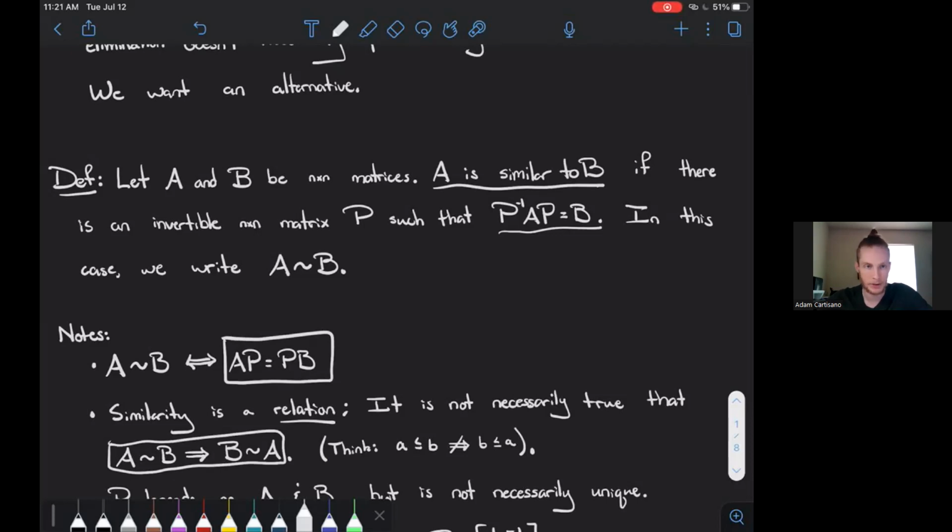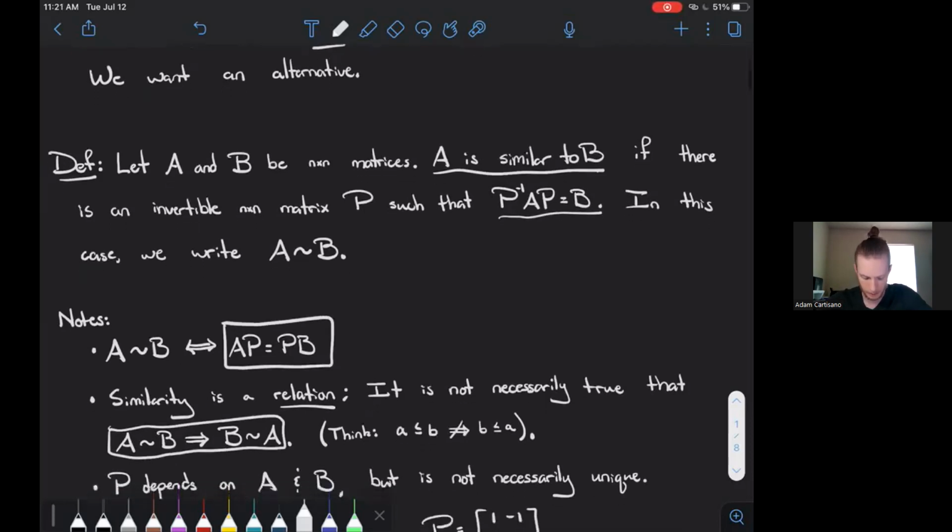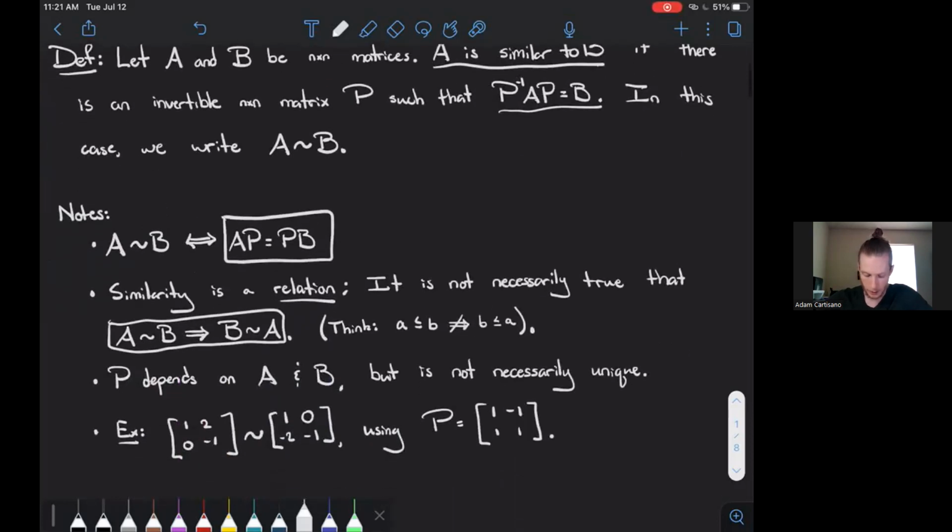As it turns out, specifically similarity of matrices is a stronger type of relation called an equivalence relation. And one of the things that we'll prove is that if A is similar to B, then B is also similar to A. Well, and I'll show you why as well in just a minute. Now, another thing to notice is that although P does depend on A and B, it is not necessarily unique.